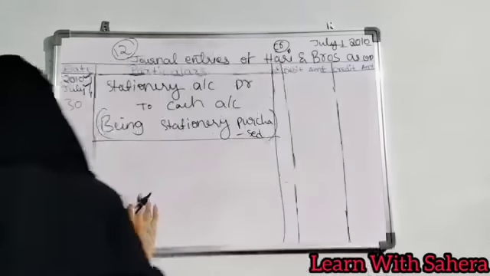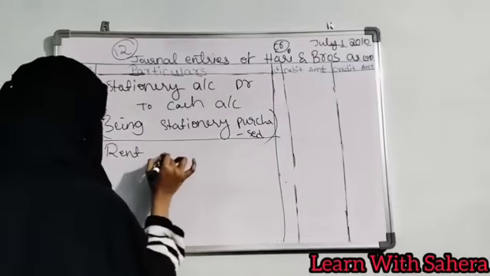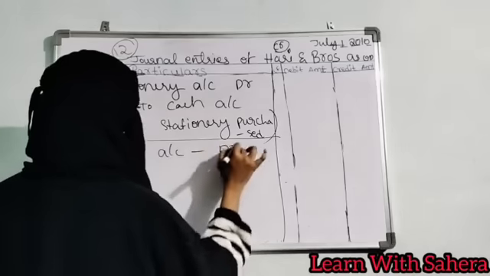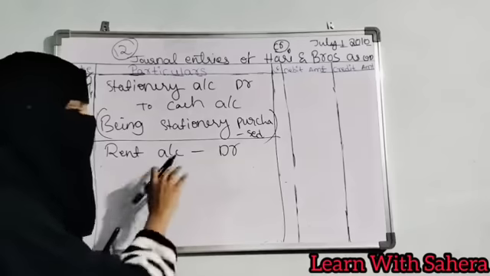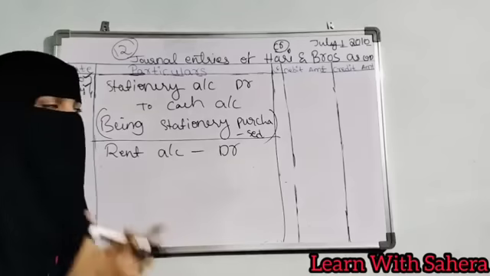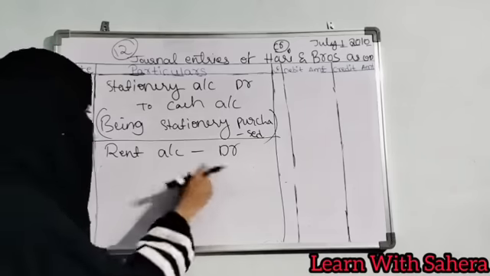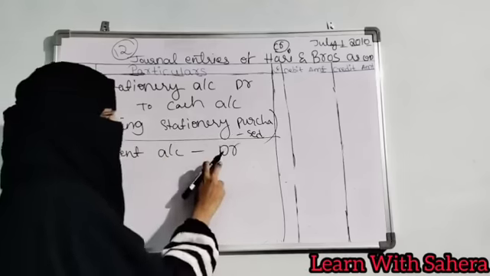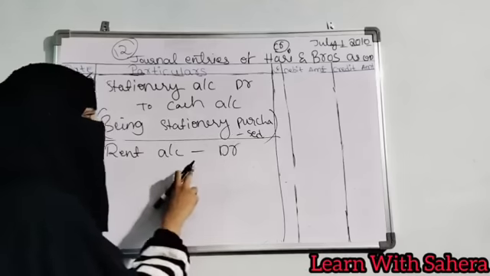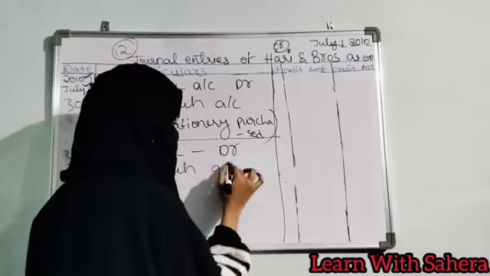So what will it be here? Rent account debit. Rent account is debit because the person is receiving the money, so we are giving the rent. So rent account will be debit because it is an expense for us. It is a loss under the nominal rule, so it will be debit. To cash account.